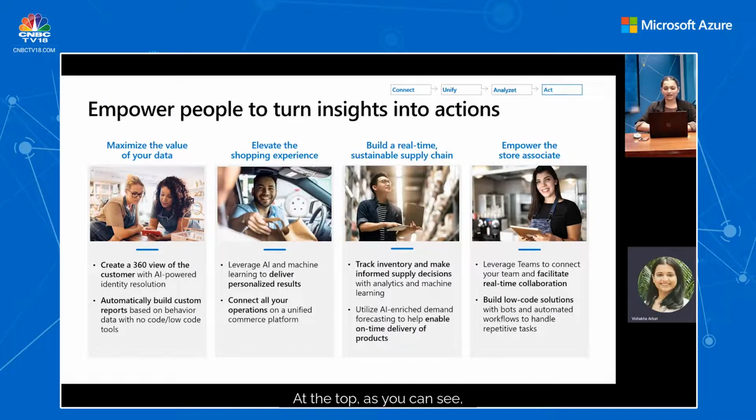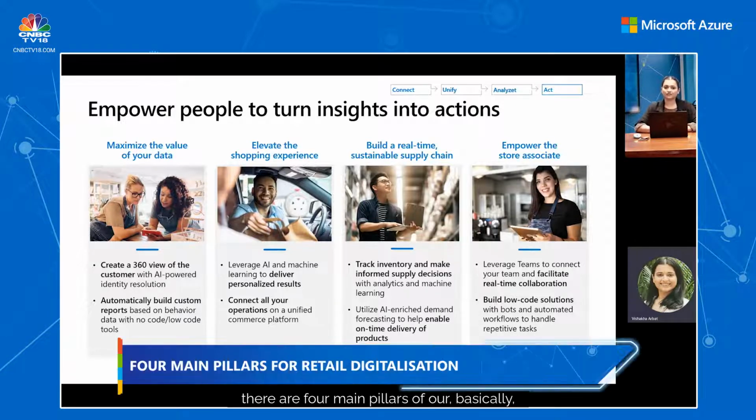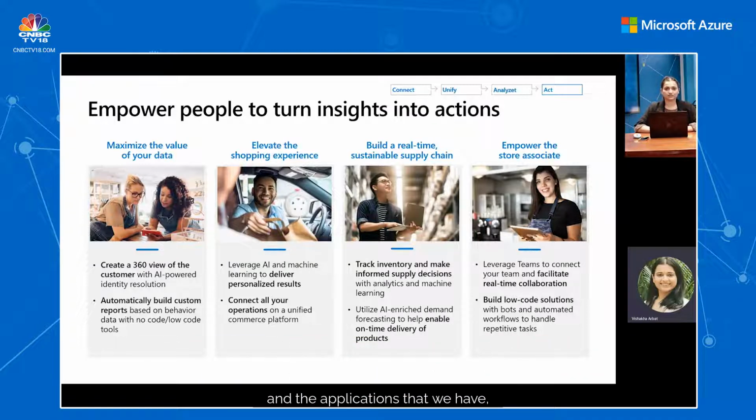journey. At the top, as you can see, there are four main pillars of our retail industry digitalization. First of all, connecting the different silos of data and applications that we have, getting one single unified data at one single place.